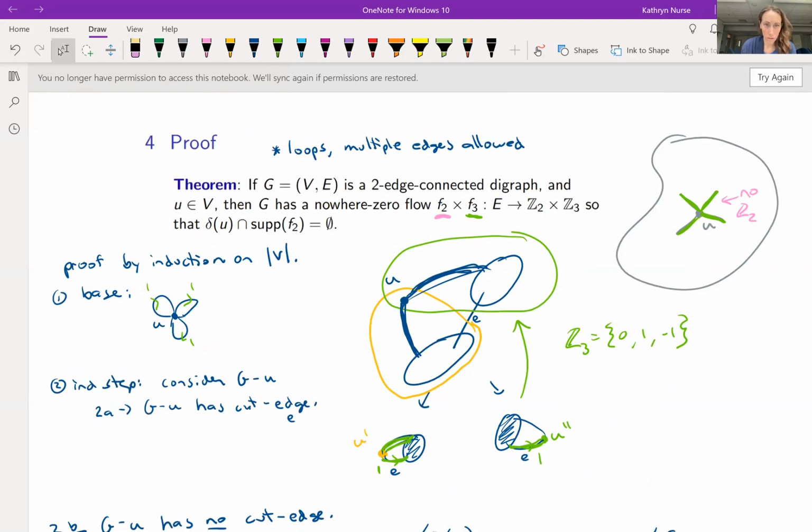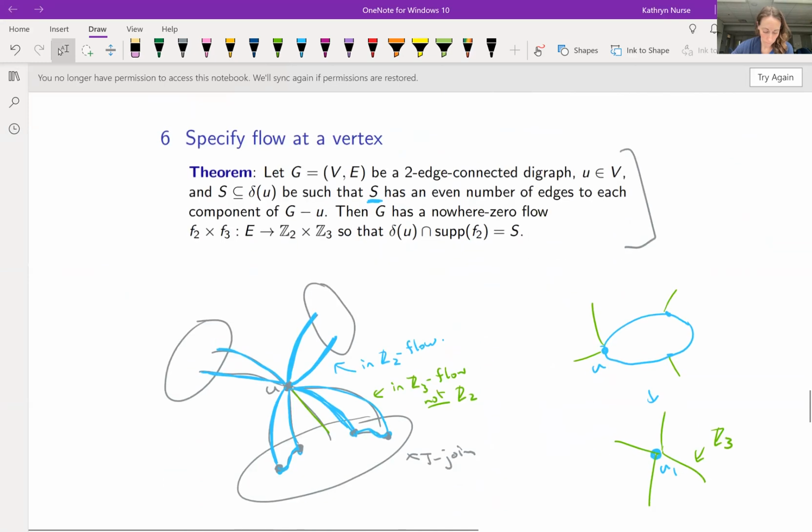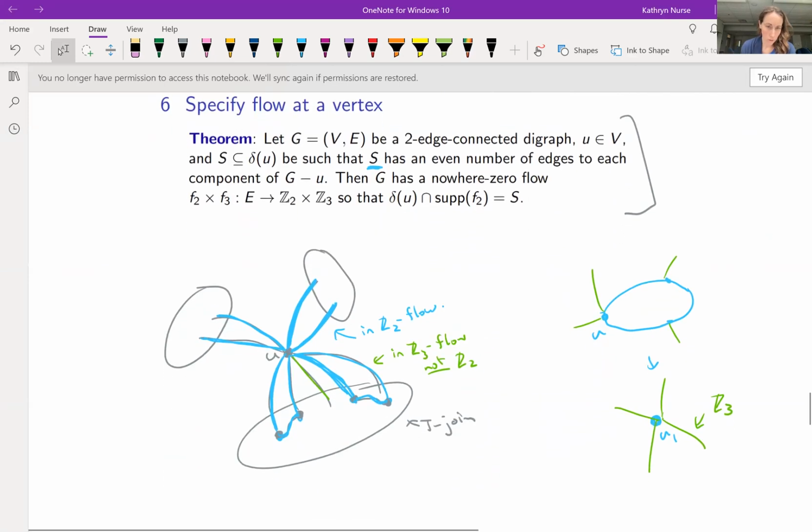This part is the case that you need. It's the only case that you need. But then what I was just showing down here is that you can also play around with the parity of the edges into a vertex if you want. Any other questions?